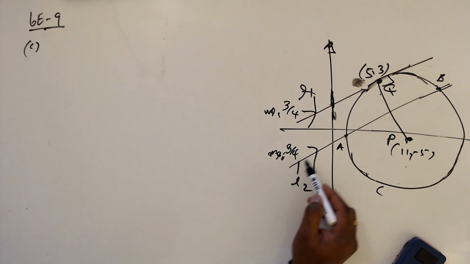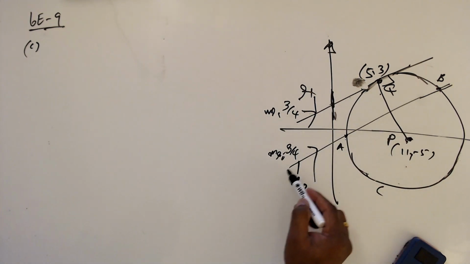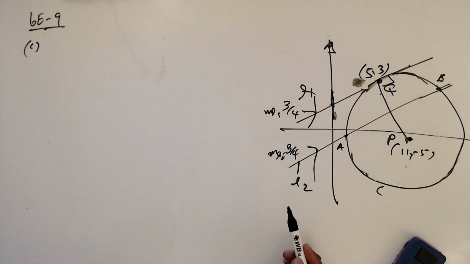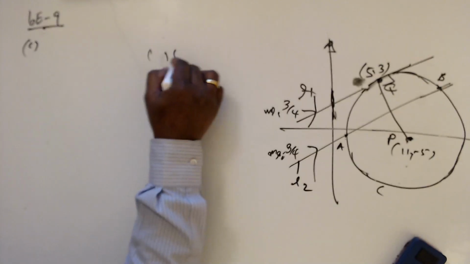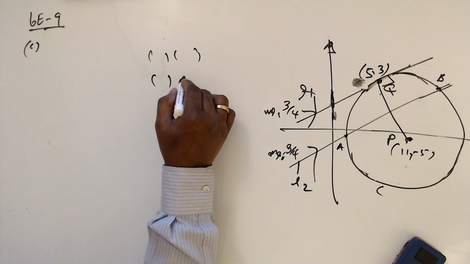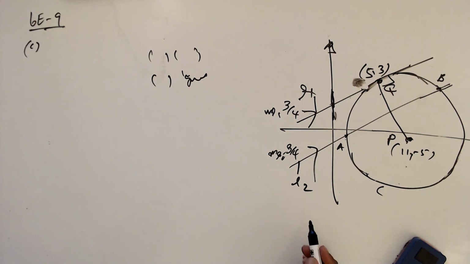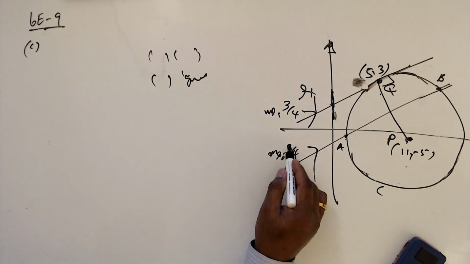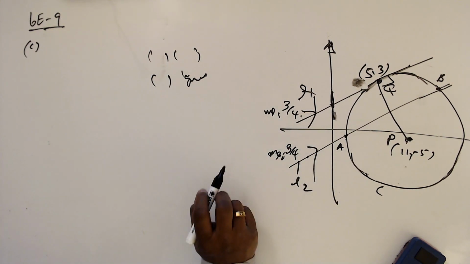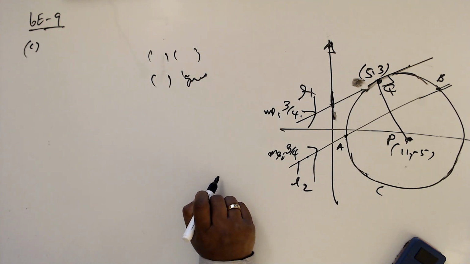So I need to know the equation of this line. Then I need 2 points, or 1 point and a gradient. Now I know the gradient because these are parallel. Now I need 1 point.